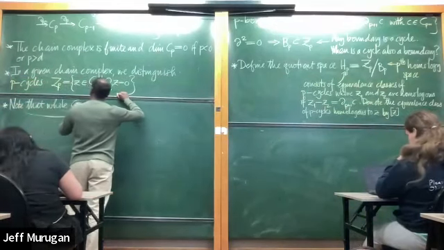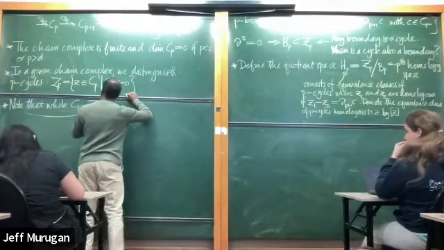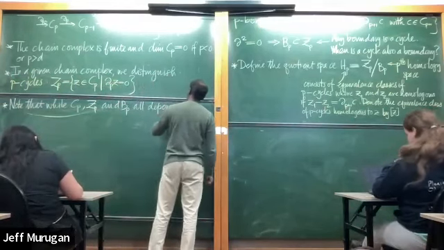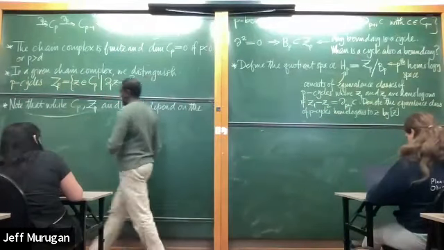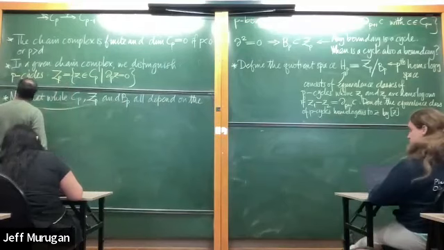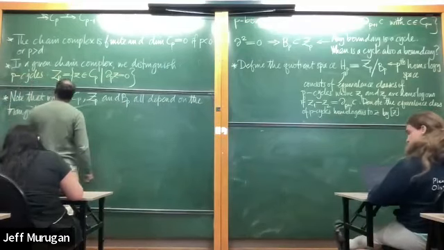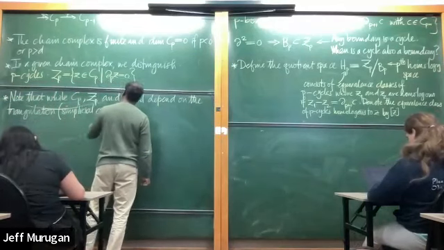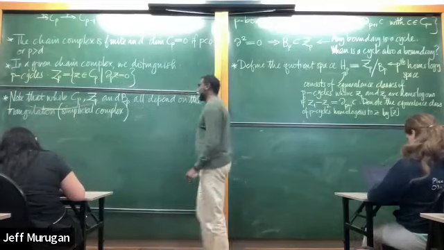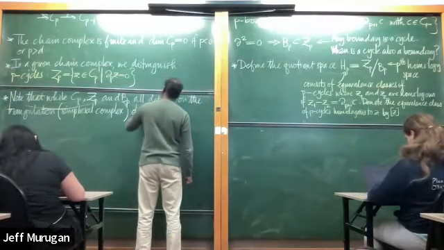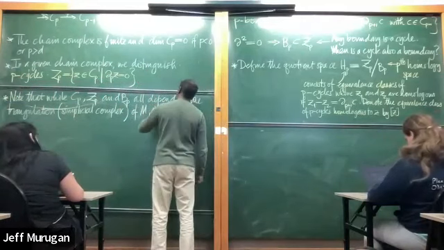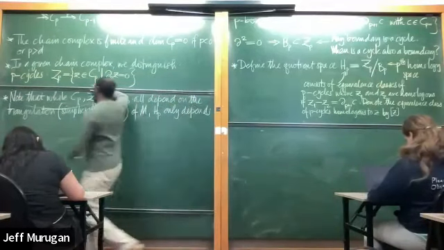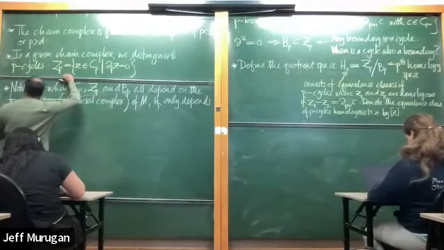So while C_p, the Betti number, and E_p all depend on the triangulation, or precisely the spatial complex that we triangulate everywhere, H_p only depends on M.